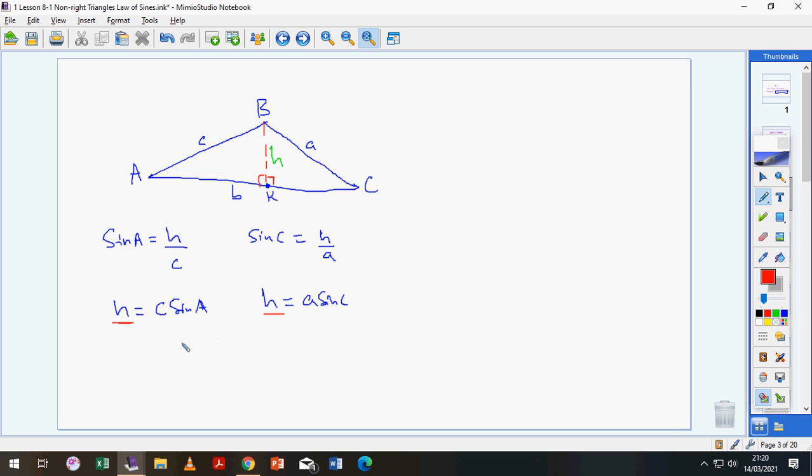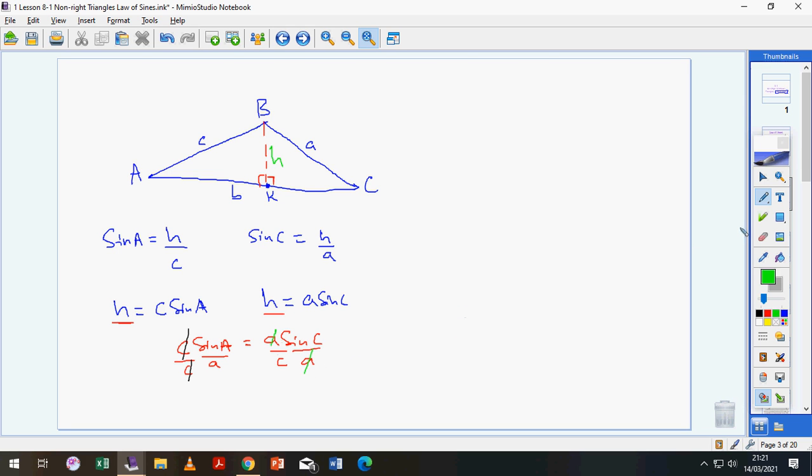So I can say C sine of A is equal to A sine of C. If I divide both sides by C, that cancels out the C, and I'm left with sine A is equal to A sine C divided by C. Then if I divide by A on both sides, I hope you can see that the A cancels out on the right as well.